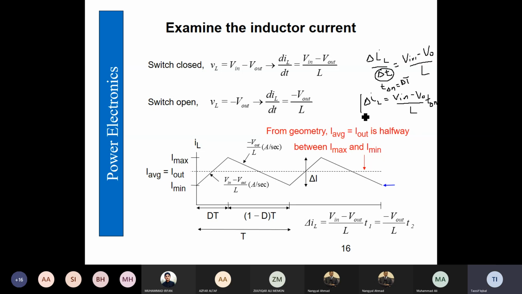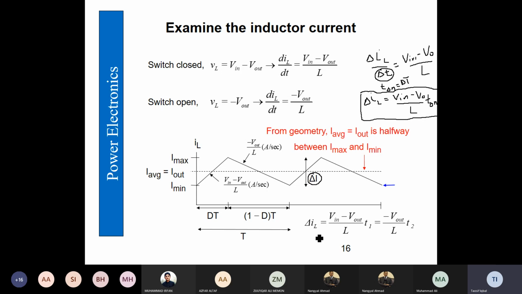So therefore, this equation now becomes the ripple current of inductor. That means this delta IL indicates the ripple.